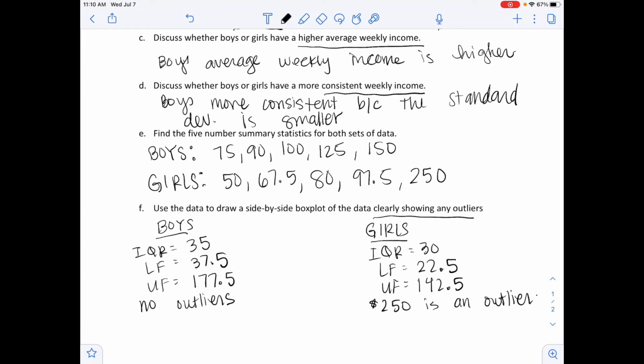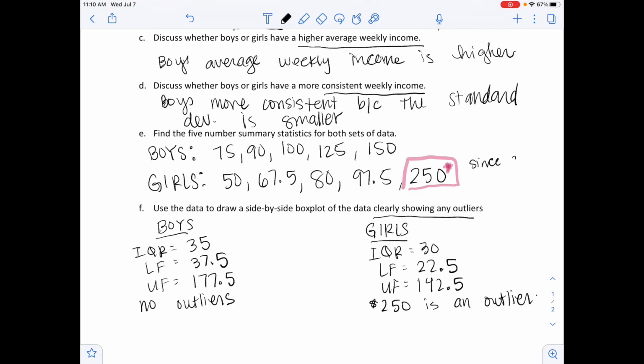So since this is an outlier, we mark that on our graph with a star or a bold point. And that means that we have to have a new max value.